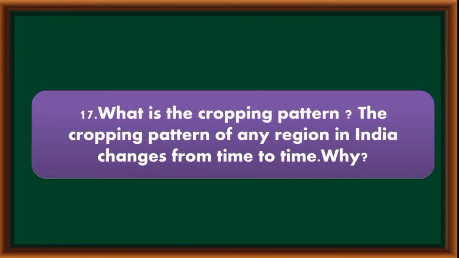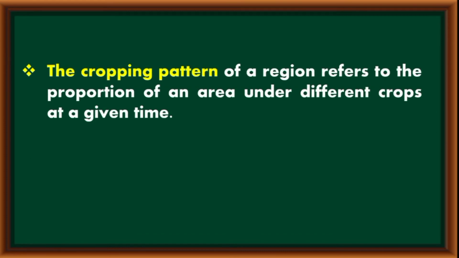Let's move to question number 17. What is the cropping pattern? The cropping pattern of any region in India changes from time to time. Why? Answer: The cropping pattern of a region refers to the proportion of an area under different crops at a given time.